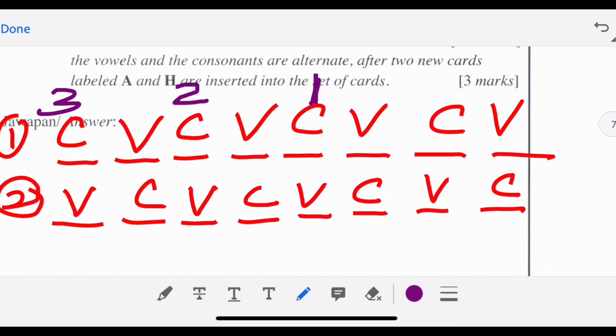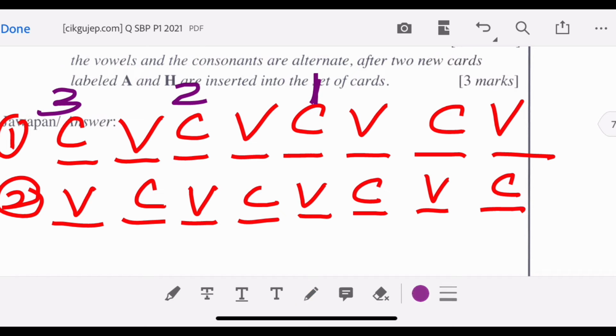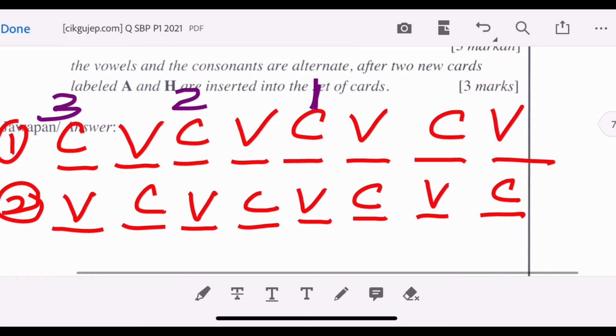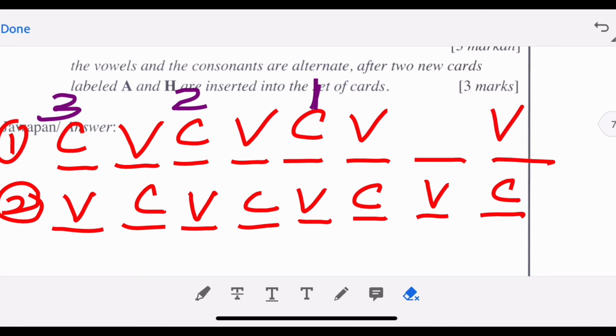So for consonants we have 3 only. For this one, we don't have consonants anymore, right? So we have vowels.